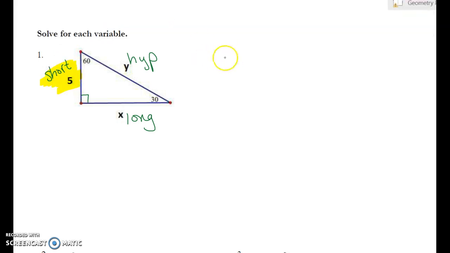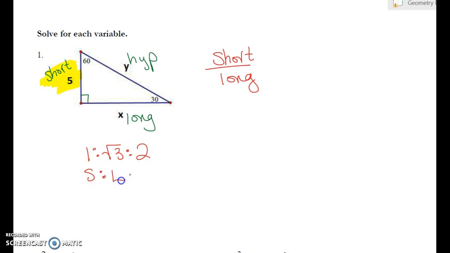And from there, it doesn't matter what we do. I'm going to go ahead and do my short over long. And remember your numbers, if you write this several times, you'll have them memorized: 1, square root of 3, 2. So this is the short, the long, and then the height. And so I start with my original ratios right here.